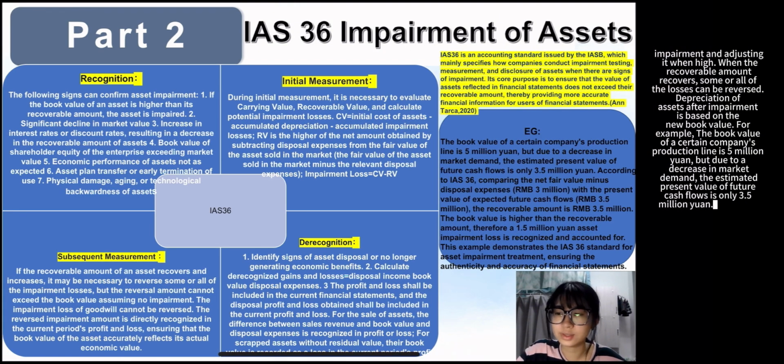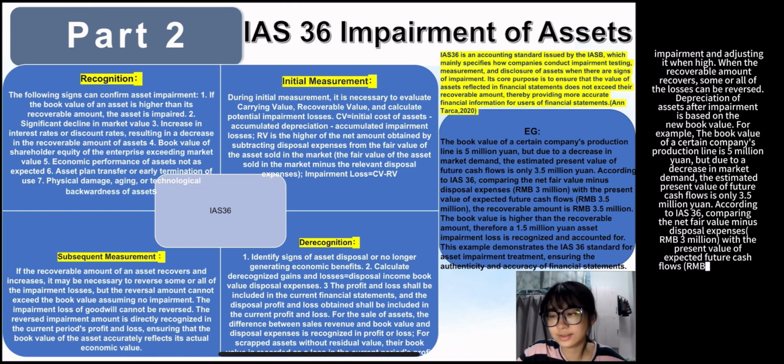For example, the book worth of a certain company's production line is 5 million yuan, but due to a decrease in market demand, the estimated present value of the future cash flow is only 3.5 million yuan.